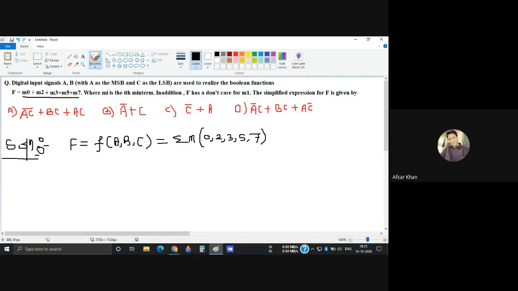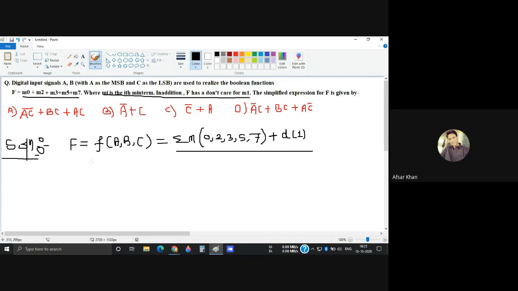In addition with this, f has a don't care for m1. So we can write it as d1. Yes, sir. So we have got the function expression.